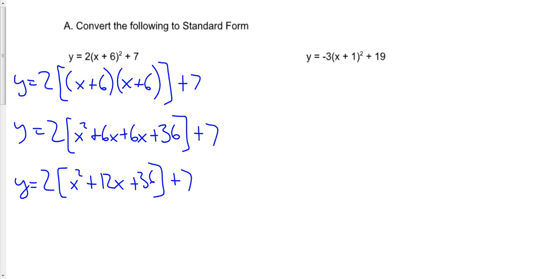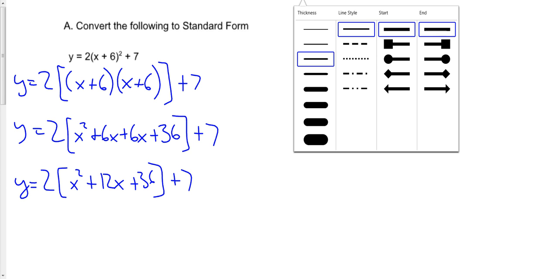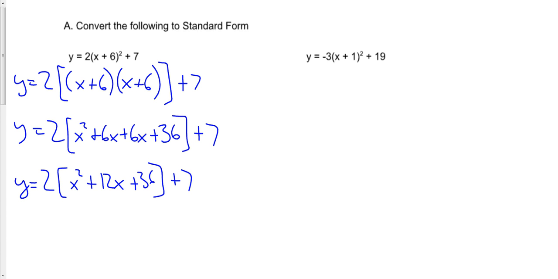So I'm going to multiply those pieces together, and that's going to leave me with y is equal to 2x squared plus 24x, and 2 times 36 gives me 72. And now that I've done all my multiplication, I still have that plus 7 there at the end.